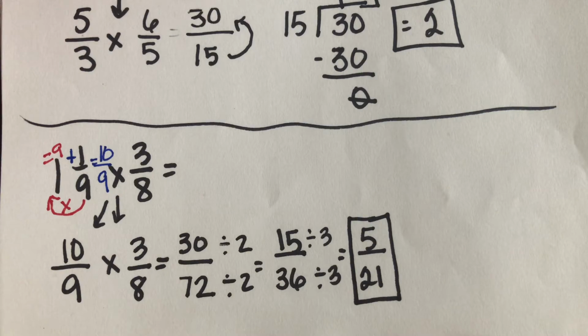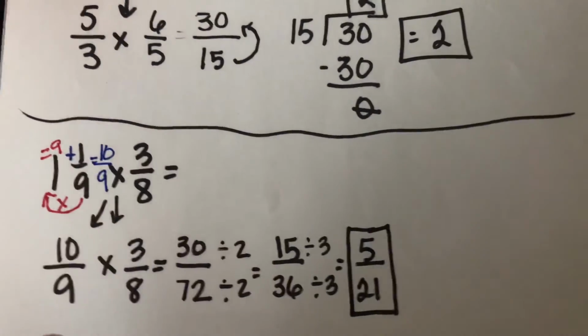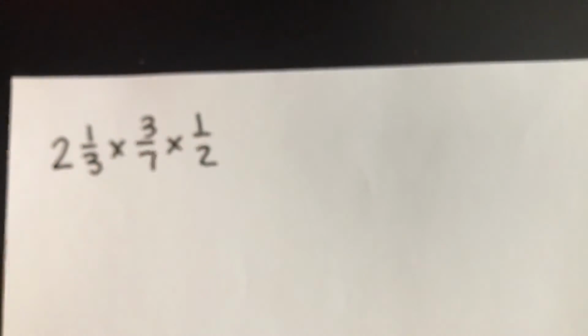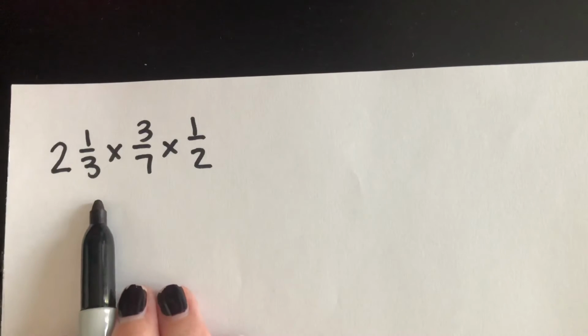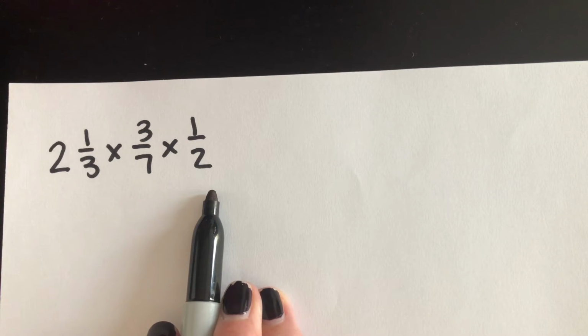We're going to try one more. This one's kind of cool. This one is multiplying 3 numbers, or 3 mixed numbers and fractions. So I have 2 1/3 times 3/7 times 1/2. First, I need to make sure all of my numbers are fractions.